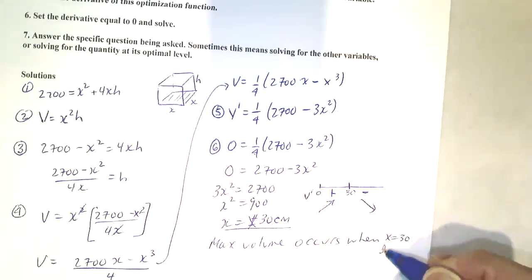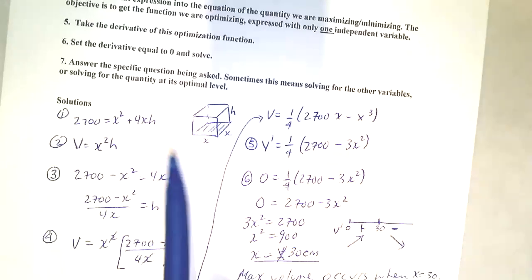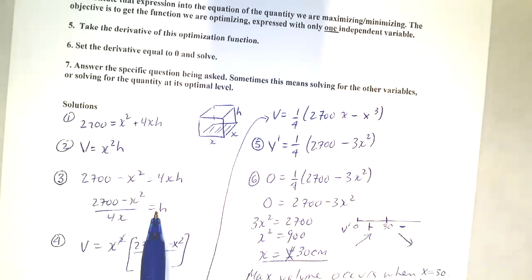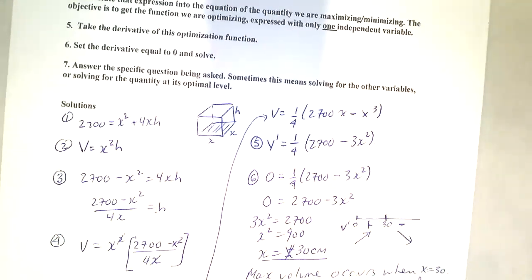If you're wondering what h would be, you could easily figure it out because we have this little formula right here. We would get h is equal to 2700 minus 30 squared over 4 times 30. 2700 minus 900 is 1800 over 120, which reduces, I think, to 180 divided by 12. Perfect.